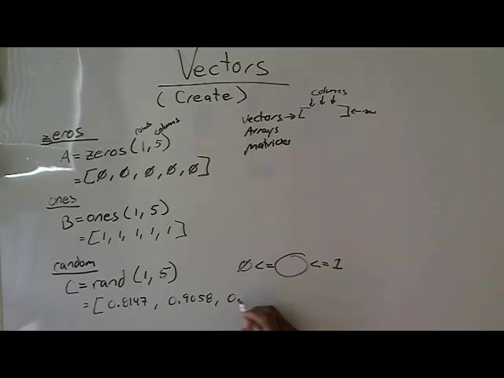Now, this always brings up the question, well, wait a minute. They're supposed to be random numbers, but Cedric, you typed them into your computer and you get these numbers, and I typed them into my computer and got the same numbers. How is that random? It's random relative to your particular installation of MATLAB.